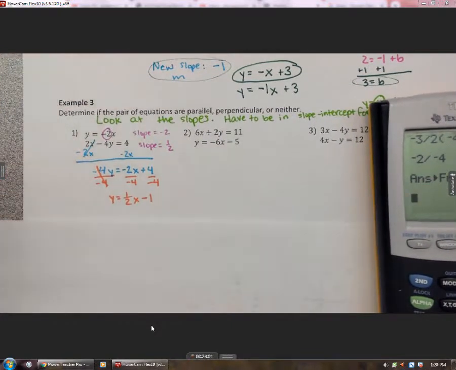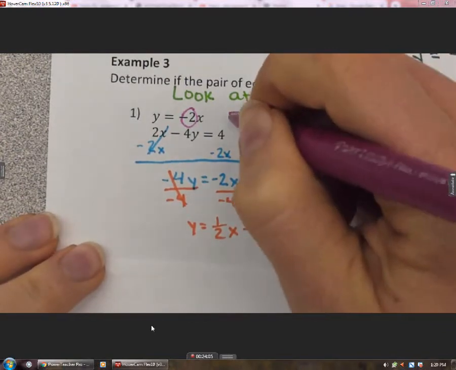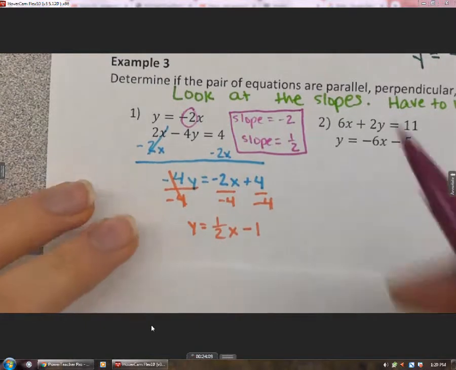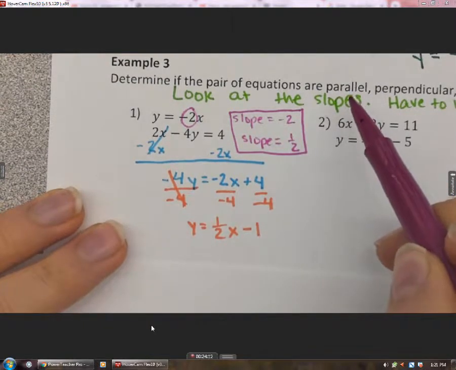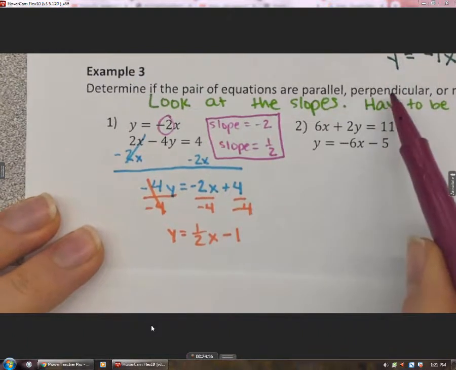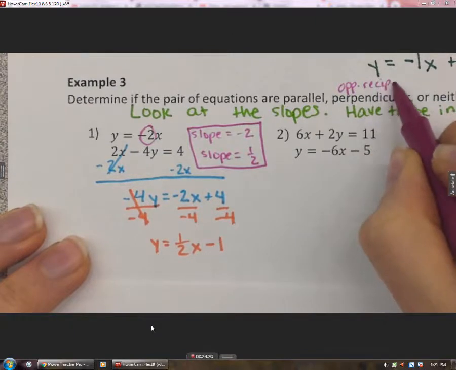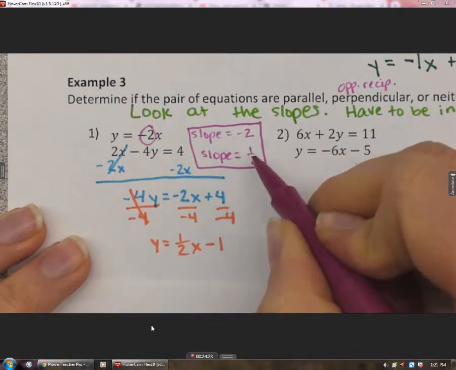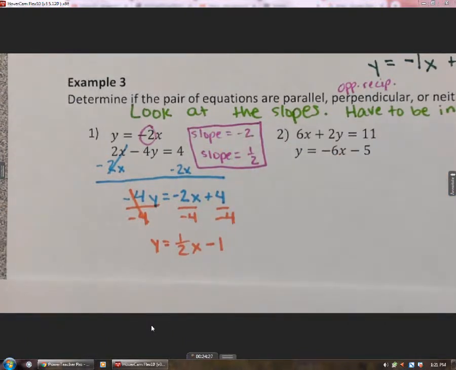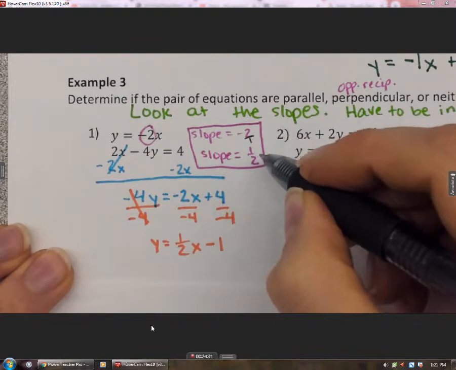So you have to decide, is there a pattern or a relationship between -2 and 1/2? Are they going to be parallel? No, because they're not the same number. So the real question is, are they perpendicular? Perpendicular lines are opposite reciprocals. Is one positive and one negative? Yes. Is 2 over 1 the reciprocal of 1 over 2?